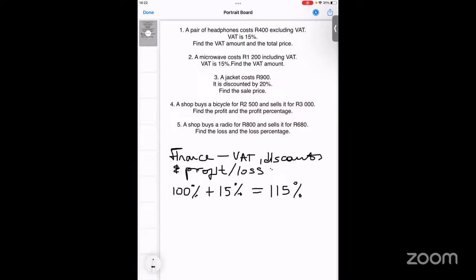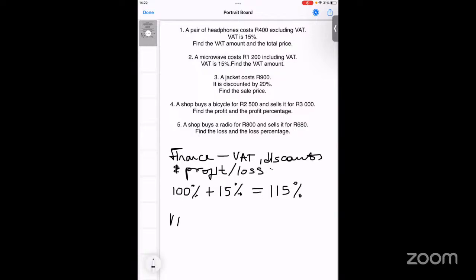I hope that part alone makes sense, because if you can fully understand this part, just trust me when I say you will find it very, very much easy to do the calculation. So the question now is, how are you going to do the calculation of the VAT?